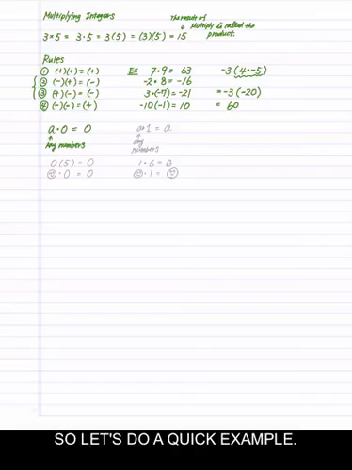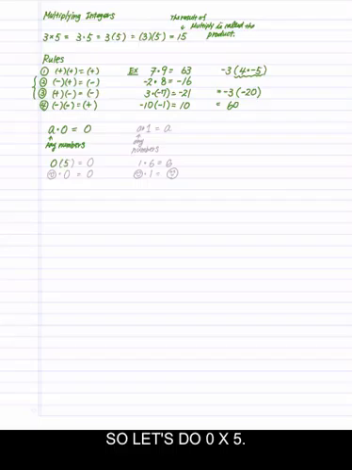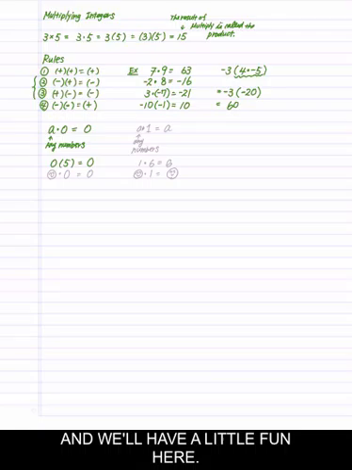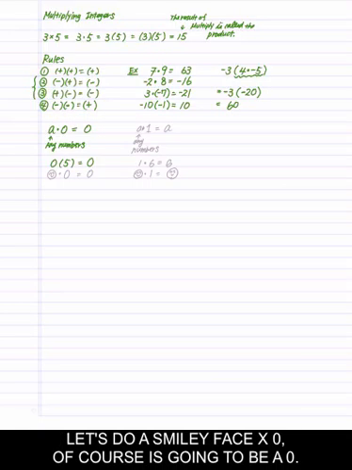So let's do a quick example. We'll do 2 examples. So let's do 0 times 5. That, of course, is going to be 0. And we'll have a little fun here. Let's do a smiley face times 0. Of course, that is going to be 0.